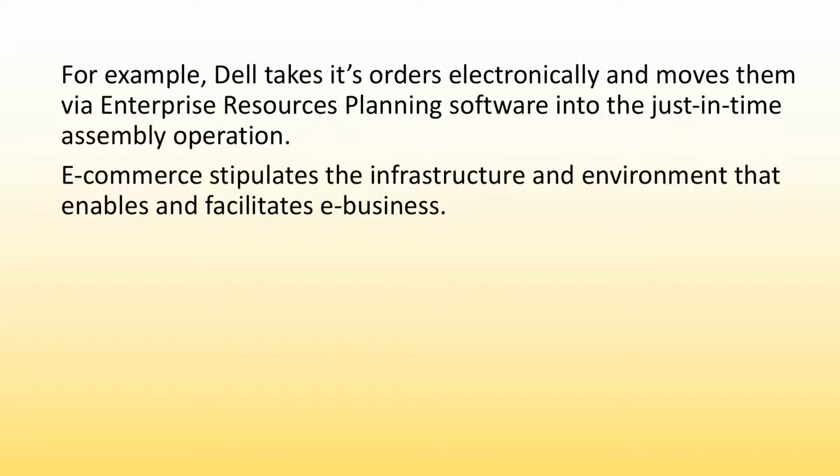For example, Dell takes its orders electronically and moves them via enterprise resource planning software into the just-in-time assembly operation. E-commerce stipulates the infrastructure and environment, thus enables and facilitates e-business.